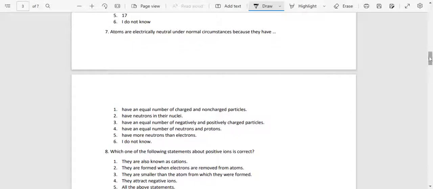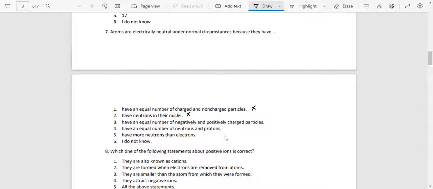Question number 7. Atoms are electrically neutral under normal circumstances because they have equal number of charged and uncharged particles. Now, it shouldn't be charged and uncharged. That will not be electrically neutral, because something that is electrically neutral should have positive and negative things balancing up. Have neutrons in their nuclei. All atoms have got electrons in their nuclei.